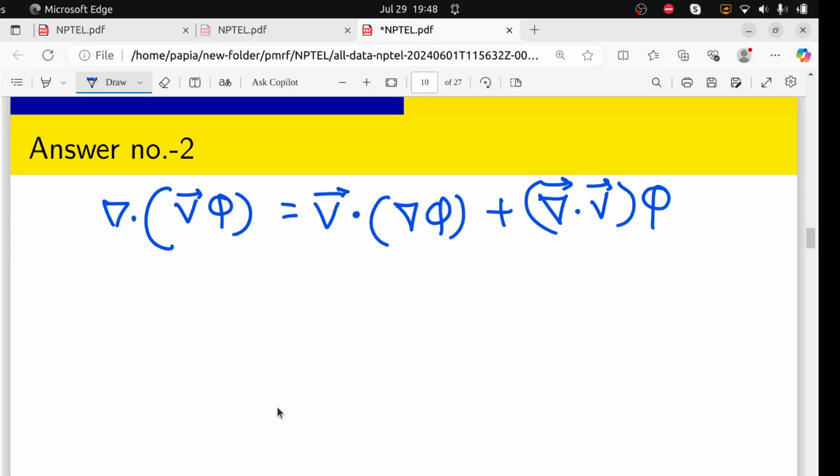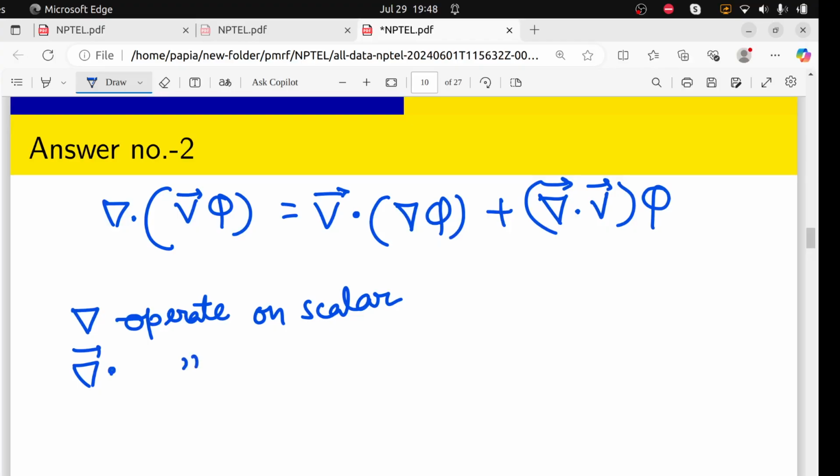You need to remember only three things, what I previously wrote: grad will operate on a scalar, divergence will operate on a vector, curl will operate on a vector.